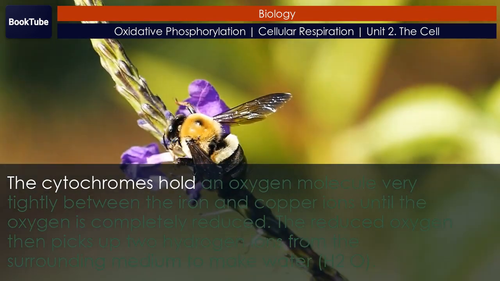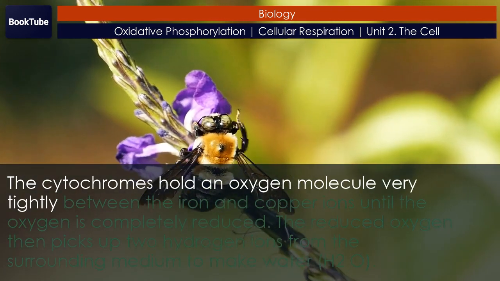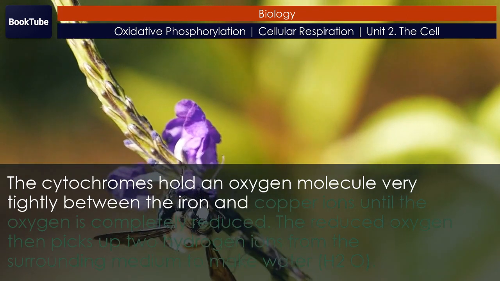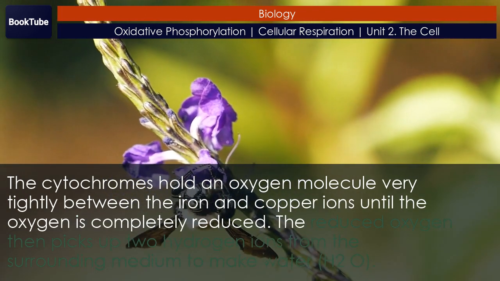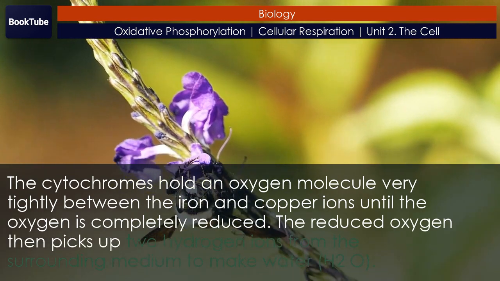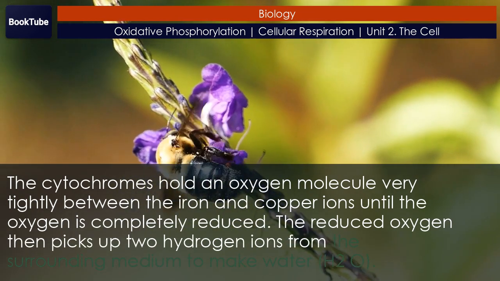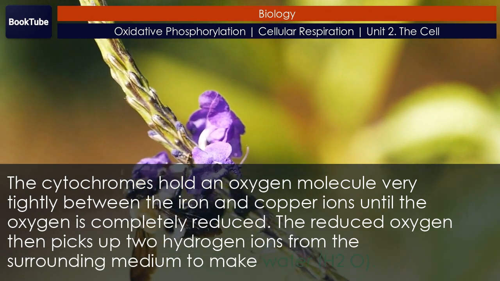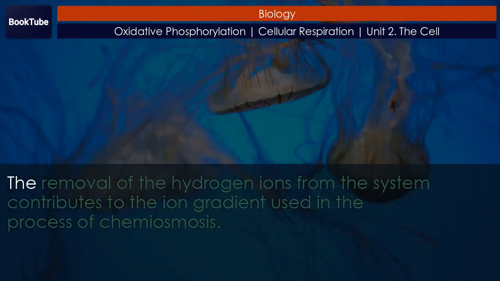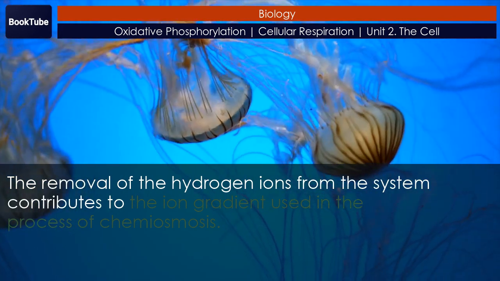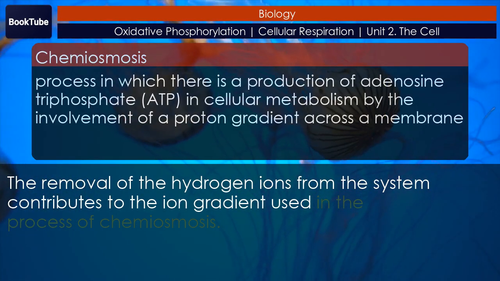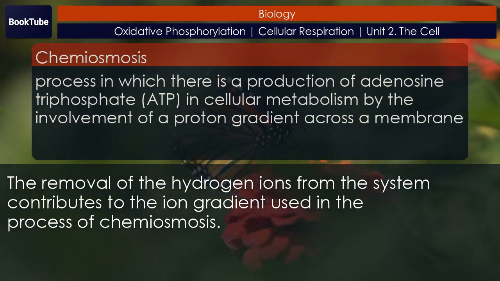The cytochromes hold an oxygen molecule very tightly between the iron and copper ions until the oxygen is completely reduced. The reduced oxygen then picks up 2 hydrogen ions from the surrounding medium to make water, H2O. The removal of the hydrogen ions from the system contributes to the ion gradient used in the process of chemiosmosis.